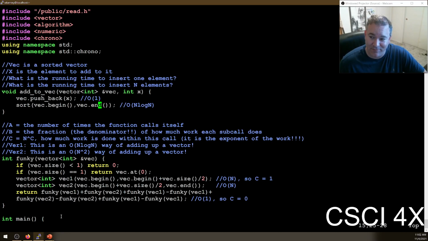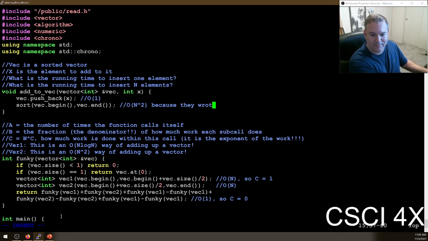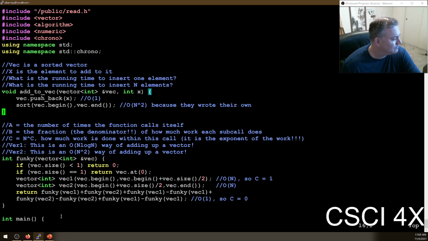Or it could be worse if you wrote your own sorting function, which, this is a while ago, but maybe they did, and maybe they used bubble sort. One is constant running time, yeah.